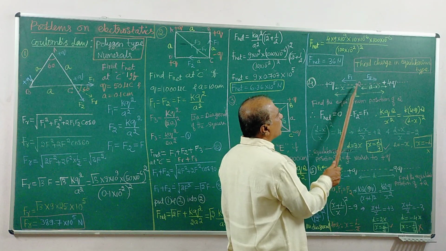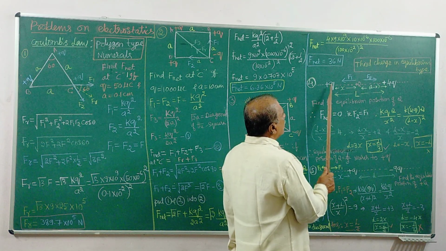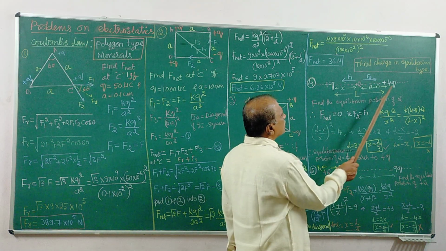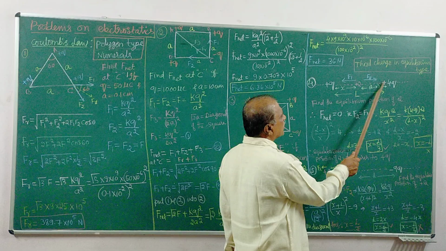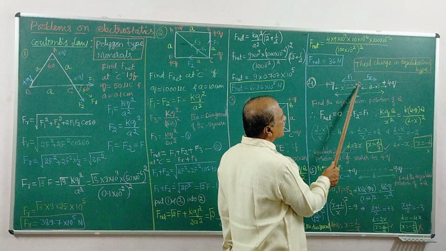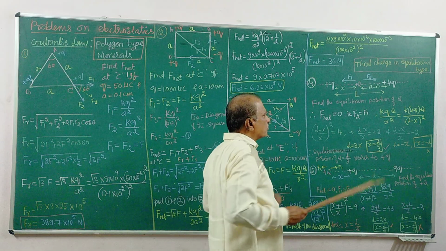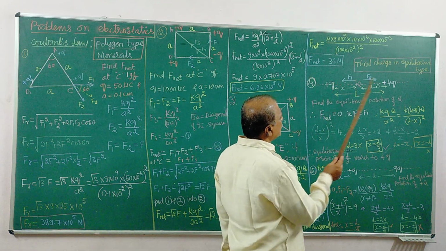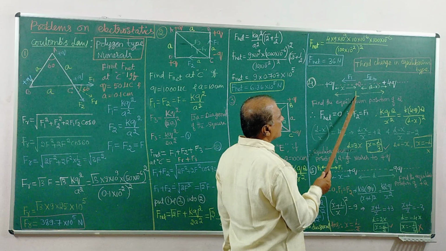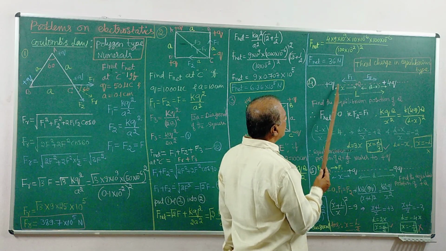So let us understand what this problem is. There are two charges, the magnitudes are 4q and plus q, same sign charges, and one more charge I am taking, plus q. The magnitudes are different, here q and q. And the distance of separation of these two charges is L. Let me place this charge in between these two charges.